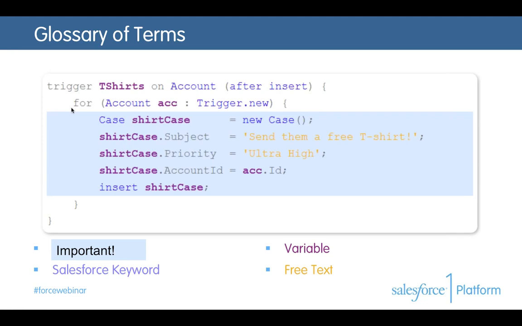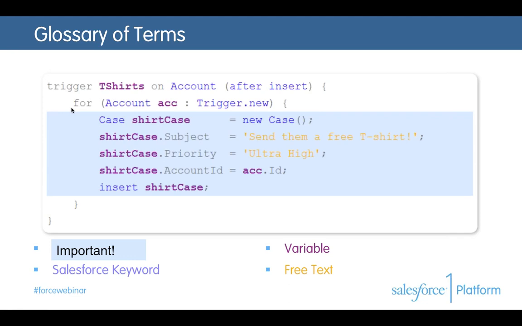And we are looping through all the records in this trigger, all the accounts that are being created in this trigger. Usually there's only one record in a trigger, but when you do things, for example, with Data Loader, sometimes you're going to be inserting many accounts at the same time. So Trigger.new is a list of accounts that are entering our trigger.